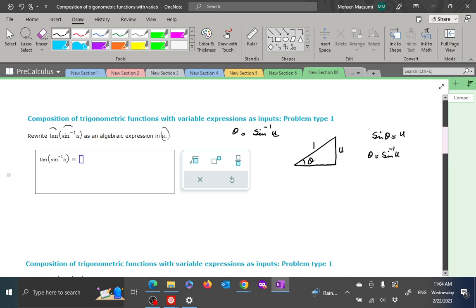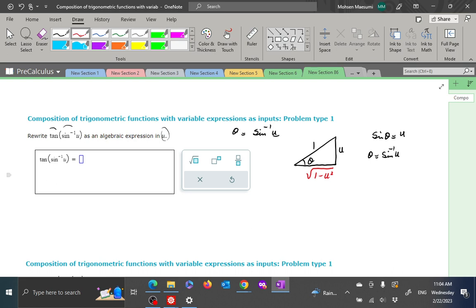So first we match a triangle to the equation we have in mind. The second step, there will be a missing side. In that case, we just fill it in. By applying the Pythagorean theorem, if this is 1 and this is u, this other side is going to be radical 1 minus u squared.